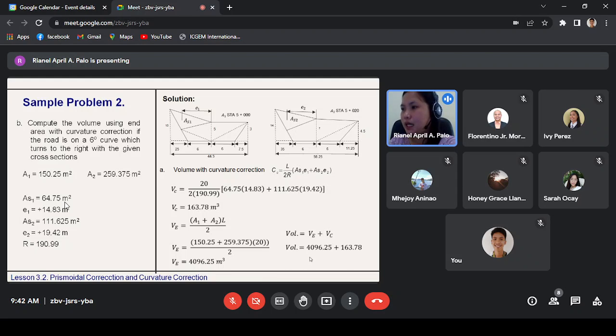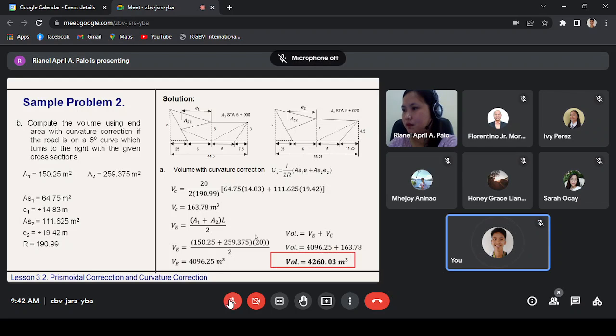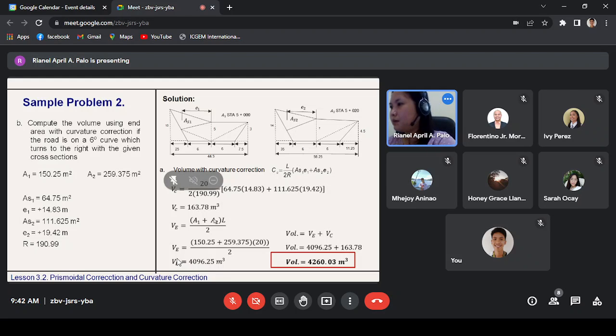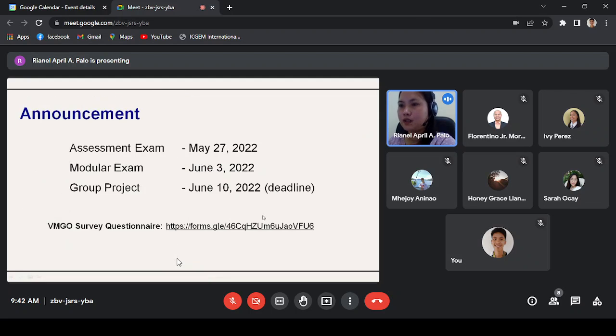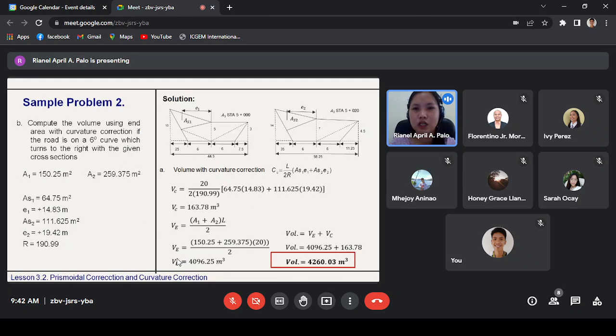So 4,096.25 plus 163.78 is equal to 4,260.03. Okay, so that is how we compute the volume with curvature correction. Do you have any questions?